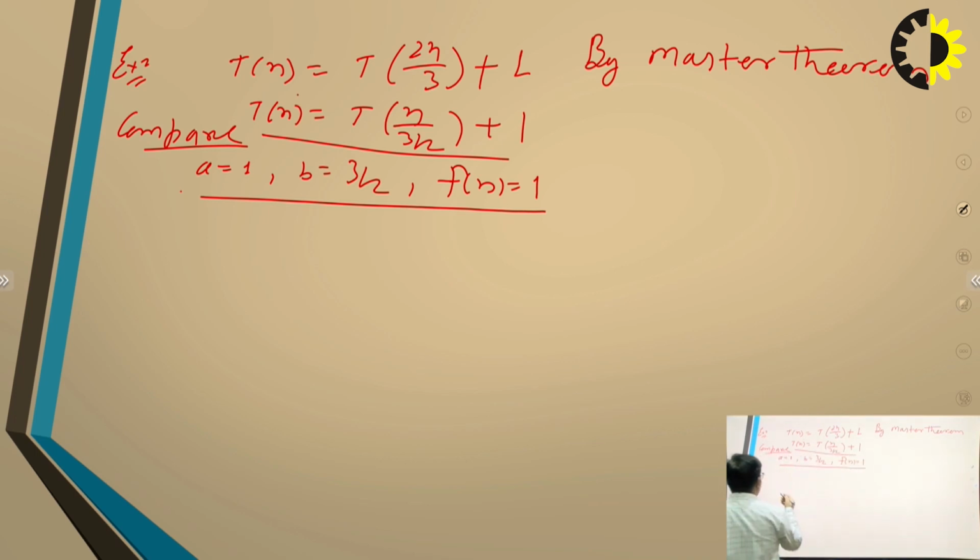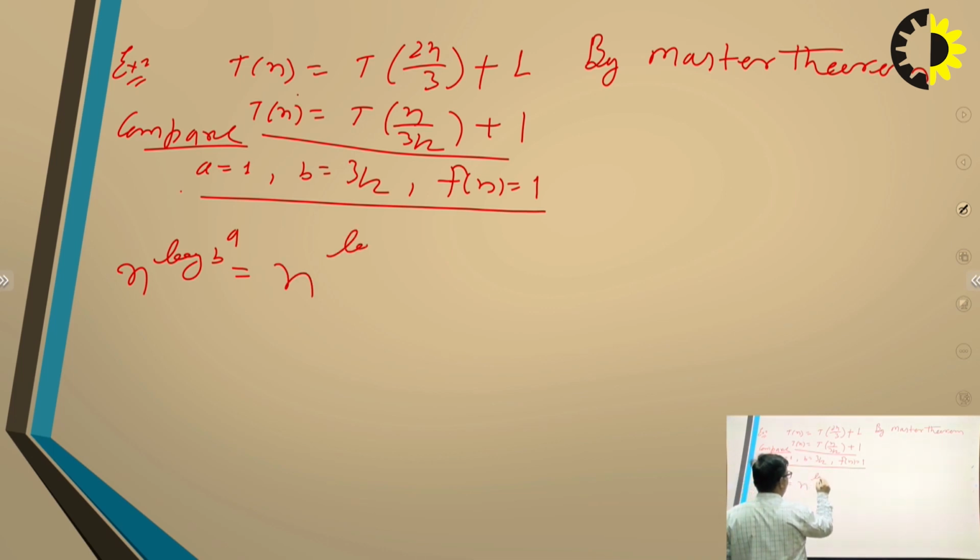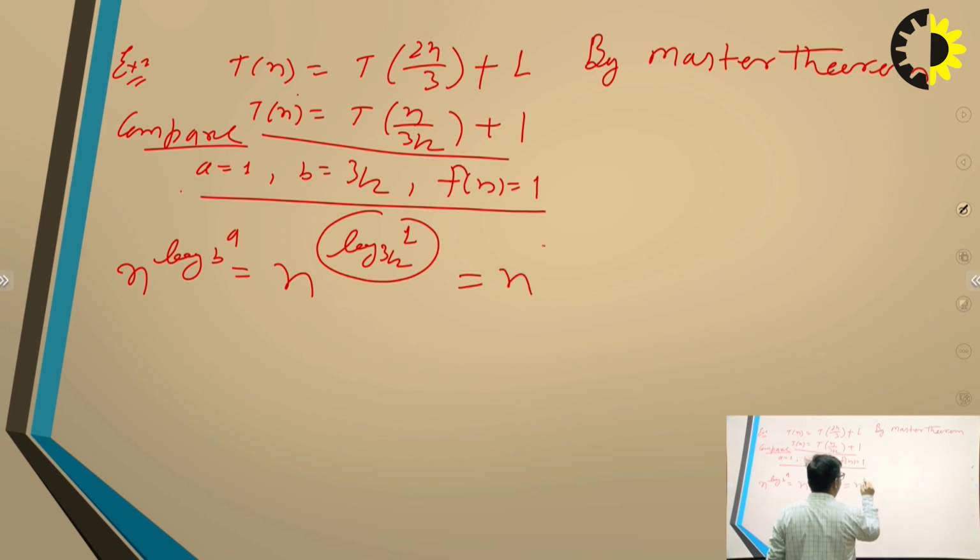Again we calculate n to the power log a base b, with a as 1 and b as 3 by 2. The value of log 1 base 3 by 2 is equal to 0, means n to the power 0, and n to the power 0 means the value is 1.